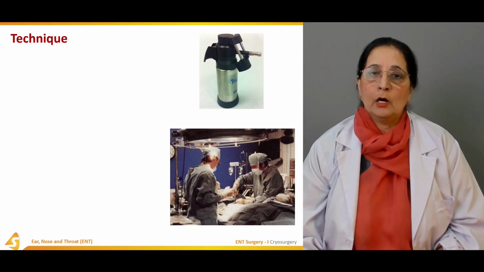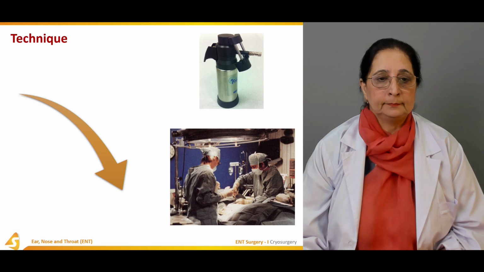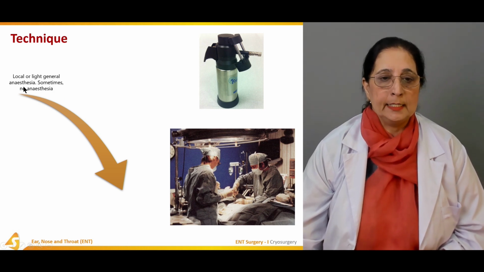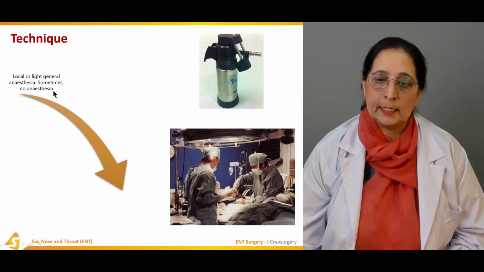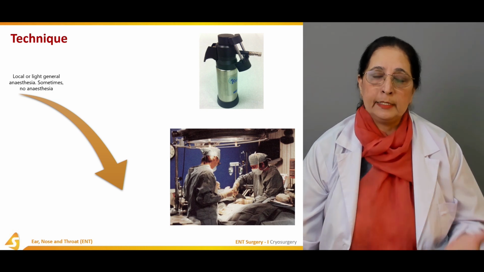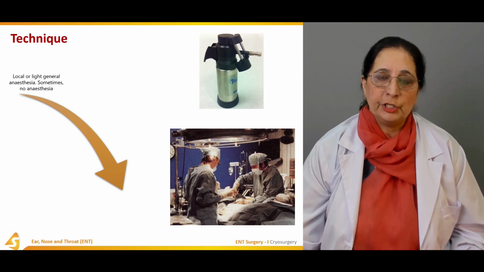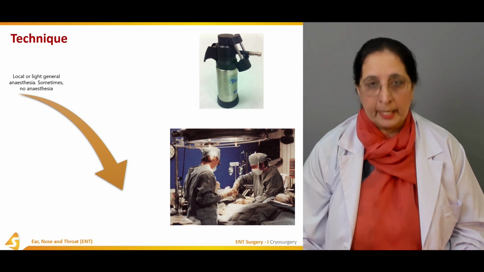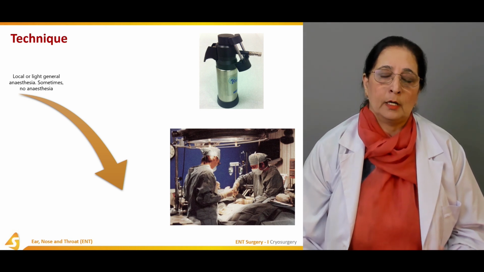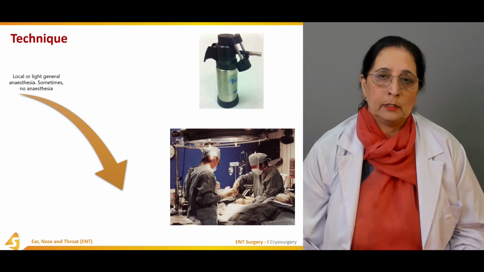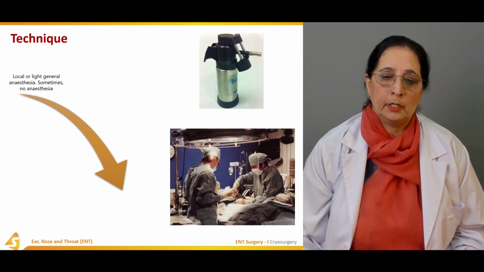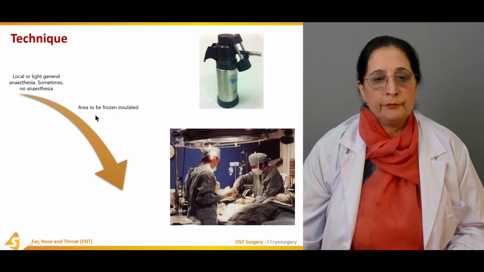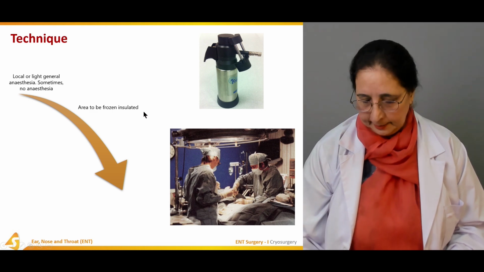The technique of cryosurgery: local or light general anesthesia, sometimes no anesthesia is used, depending on the procedure or the area that is being operated on. The area to be frozen is insulated.